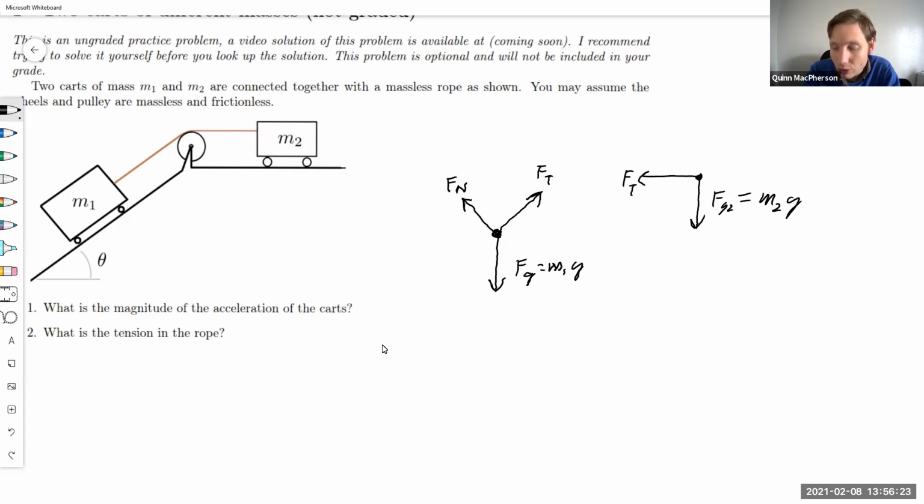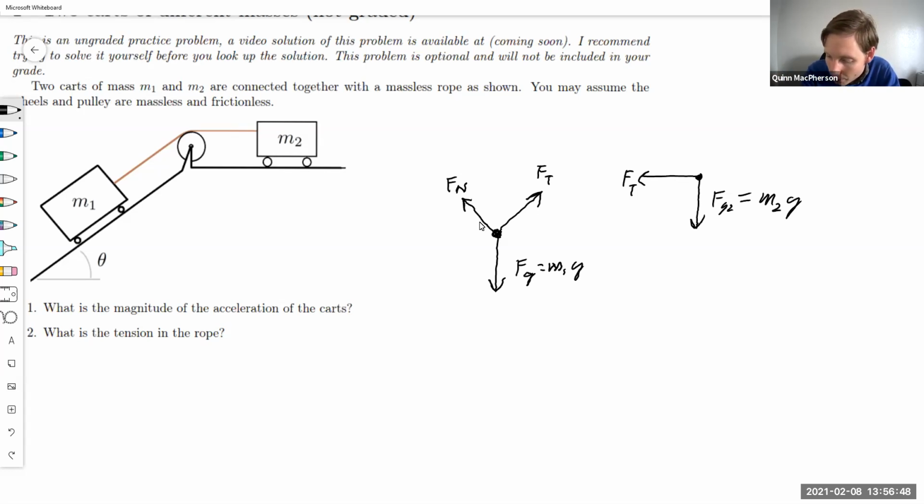I'm going to just recycle the name Ft because these two tension forces are on the same rope, and because the pulley is frictionless, these two tension forces are the same. That's one of the critical things to recognize when you're solving this sort of problem: the tension force here and the tension force there are the same. These two tensions are the same magnitude. They're different directions, but the same magnitude.